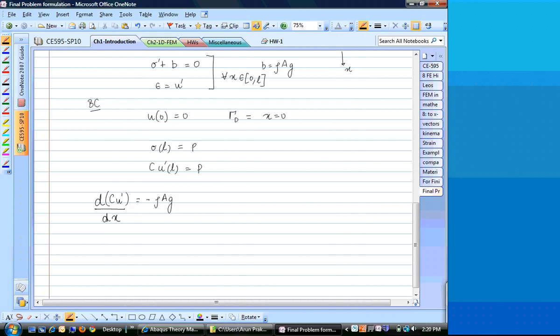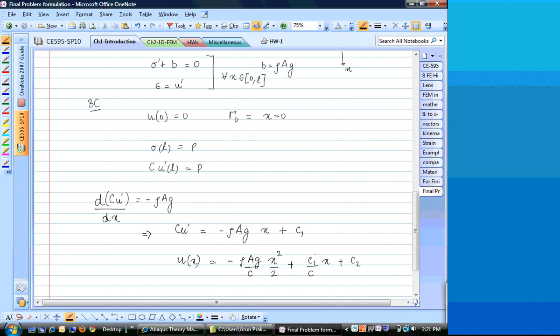Now I can start integrating it. This implies C u prime is equal to minus rho A g x plus C1, where C1 is the constant of integration. If I integrate one more time, u of x is equal to minus rho A g over C, where C is the Young's modulus, times x squared over 2, plus C1 over C times x, plus C2.